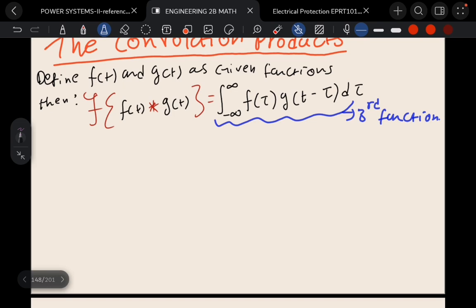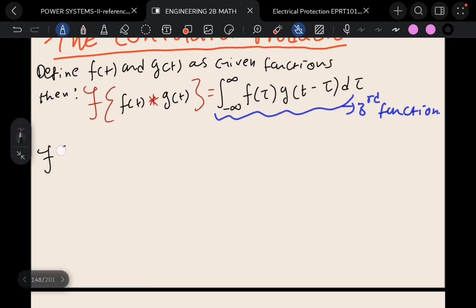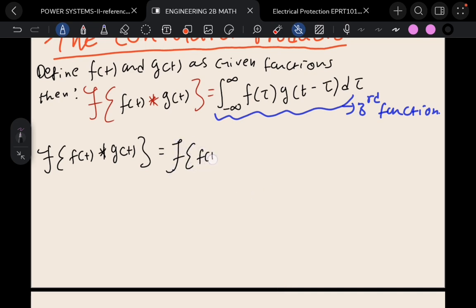So what we are going to learn really is that if you find the convolution product of f of t, g of t, you actually find the Fourier transform of each function. So that is the proof for today.